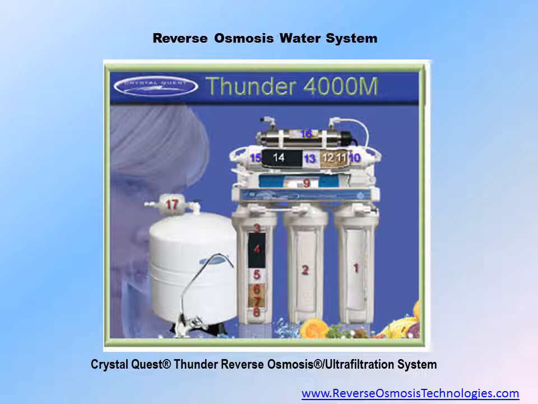Stage 17 is a final ultrafiltration membrane that guarantees the maximum removal of colloids, proteins, bacteria, viruses, parasites, protozoans, pyrogens, and other organic molecules. As you can see, the 17-stage reverse osmosis system offers far greater contaminant removal capability than the basic 3-stage system.